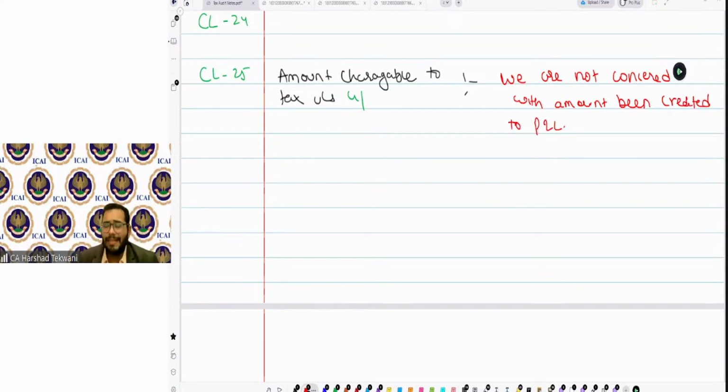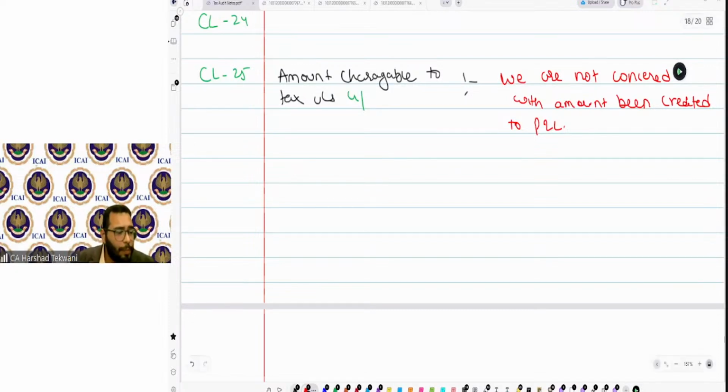It is not necessary that the amount should be credited for the purpose of section 41. So the fact that the amount was credited to the P&L or not is irrelevant over here. Accordingly, subsection wise, we need to verify whether the amounts are required to be considered as chargeable to tax under section 41 or not. So credit to the profit and loss account is not relevant.